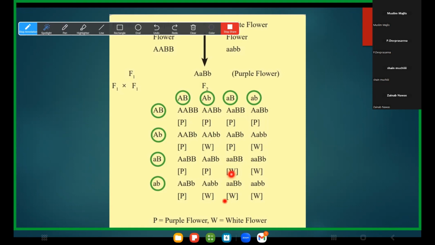So this is recessive epistasis, where the presence of a recessive allele at a particular gene would suppress the expression of the other gene. This gene would be expressed only if there was a dominant allele at this place as well. If not, this would inhibit the expression of this.